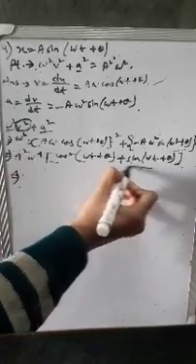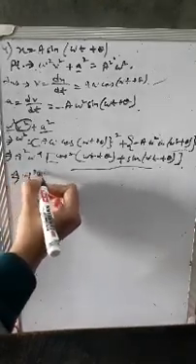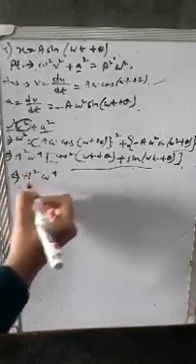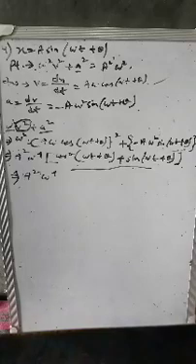So this is resembling what? Sine square theta plus cos square theta, which is equal to 1. So the final step becomes a square omega 4. Understood? Very easy one. It also came in one of the earlier exams. Okay, very important type.